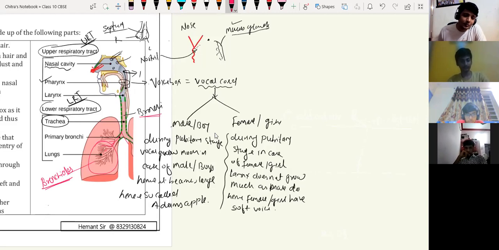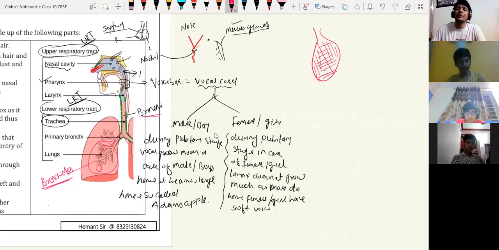Then these bronchioles open into a balloon-like structure called alveoli. I'm writing here, alveoli. Inside the wall of the alveoli, we have a numerous network of blood capillaries. Numerous means a very minute blood capillary network is present here.